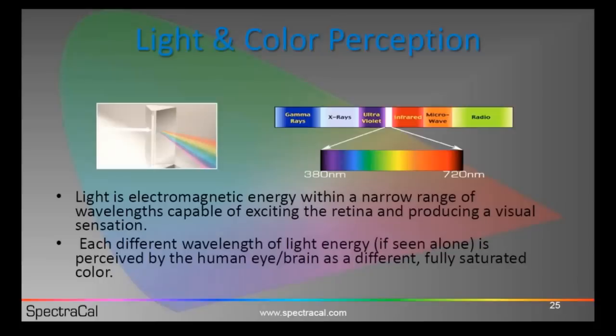Each different wavelength of light energy, if seen by itself, would be perceived by the human eye and brain as a different fully saturated color. And so if a wavelength of light were present just in this section of the spectrum, for instance, the human eye brain would see that as a very fully saturated, very vivid blue. Another wavelength here, for instance, would be seen as a very vivid orange.